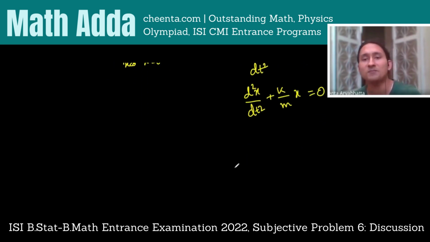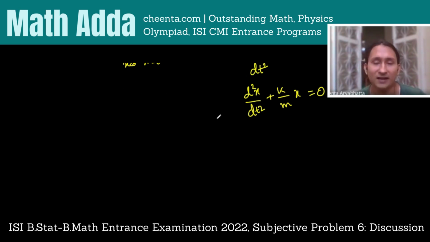Some people, I think, remember from physics how to solve this. The method used there is very similar to what we use in episode 1. This is a linear differential equation, which means that if you have two solutions, x1 and x2, any linear combination of those two is also a solution.